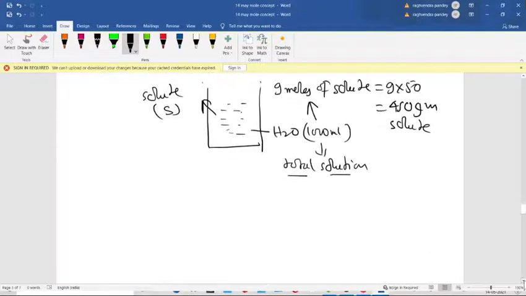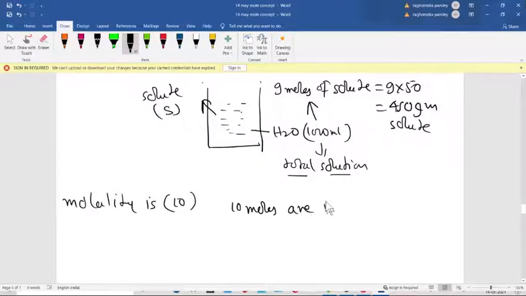Now molality is 10. That is your 10. So it means 10 moles are in 1000 gram water. 10 moles of your solute, whatever solute is there. Now if we have 9 moles in 1000 ml, as we have to calculate the density, we need some volume.